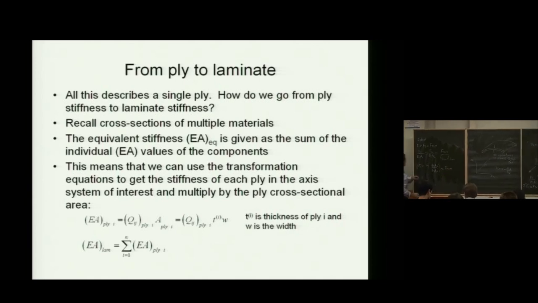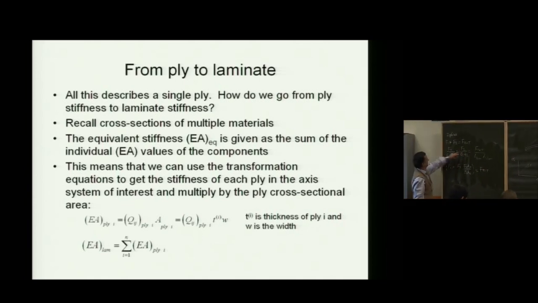So I substitute for F2 from this relationship, F1 times E2 A2 over E1 A1 will give me F2. So I can solve for F1, which is F total divided by E1 A1 plus E2 A2, multiplied by E1 A1.